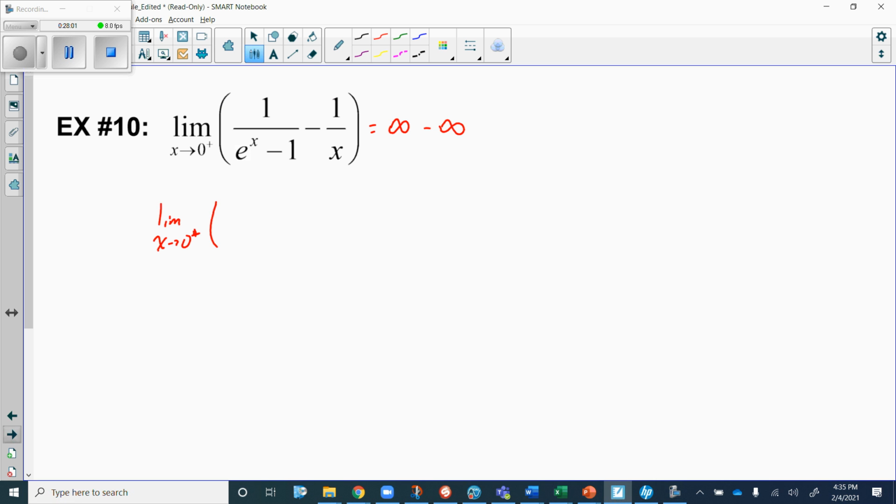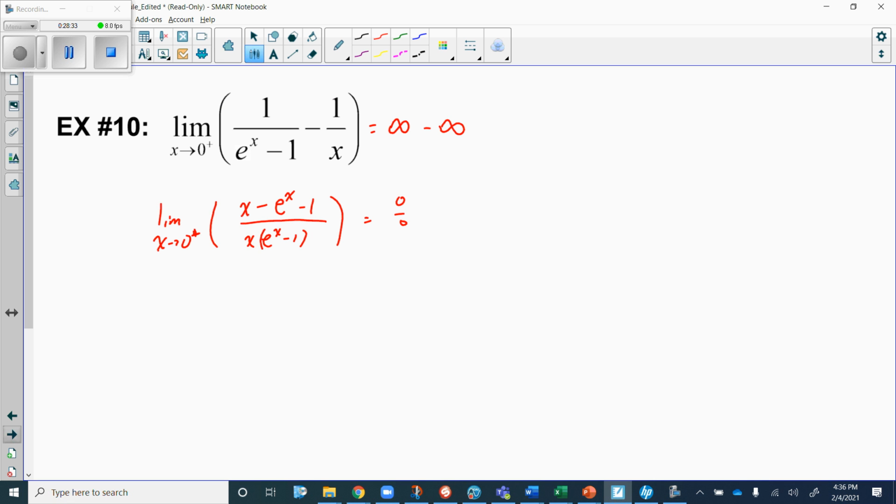If I do, I'm going to wind up with x minus e to the x power minus 1, divided by x times e to the x minus 1. Again, if I do my substitution here, I'm going to wind up with the indeterminate form of 0 over 0.